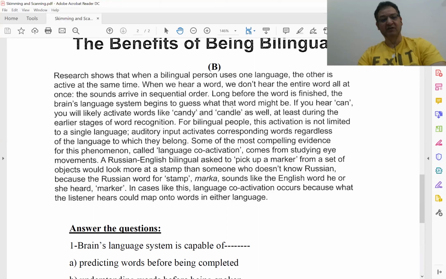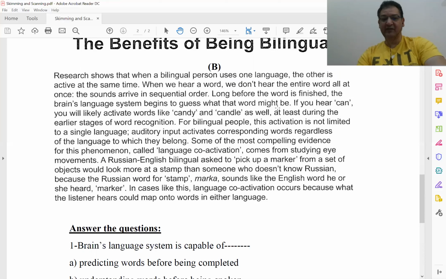Yes, I reach these specific words, brain's language system, in line number 3. I can go to the beginning of the sentence: long before the word is finished or completed, the brain's language system begins to guess what the word might be.